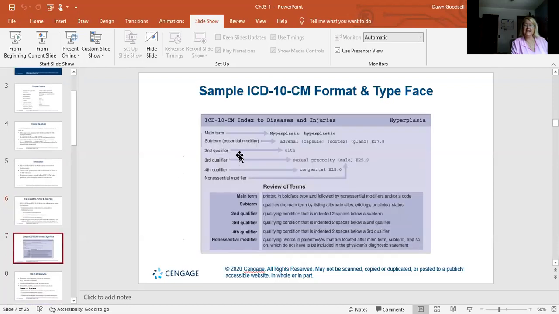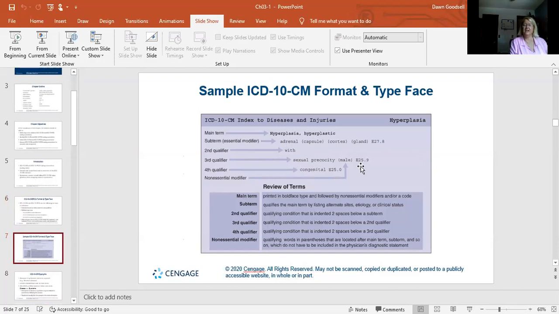So here's an example. The main term is hypoplasia, hypoplastic. Your subterm could be adrenal hypoplasia, so that's what you would be looking for when you look down, the adrenal. Then the qualifier is "with," so it'd be adrenal hypoplasia with sexual precocity, male.